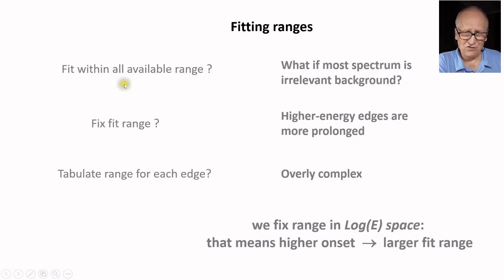Another opposite approach is just to fix a fitting range for each and any element. That is, for instance, implemented in Gatan Digital Micrograph, where there are fixed initial ranges.